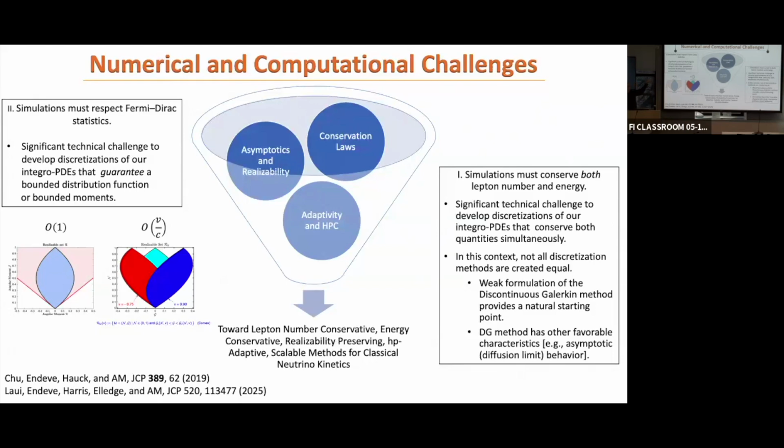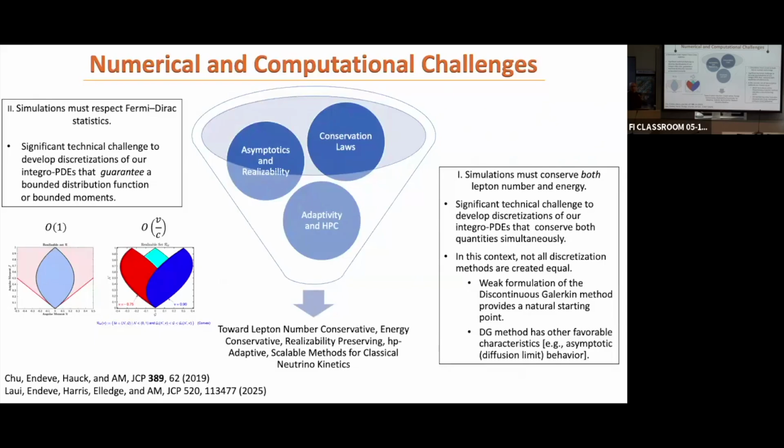The other thing that we have to worry about is neutrinos are fermions, and they obey Fermi-Dirac statistics. They don't obey Maxwell-Boltzmann statistics or Bose-Einstein statistics. That presents a significant challenge to develop methods that will guarantee it.